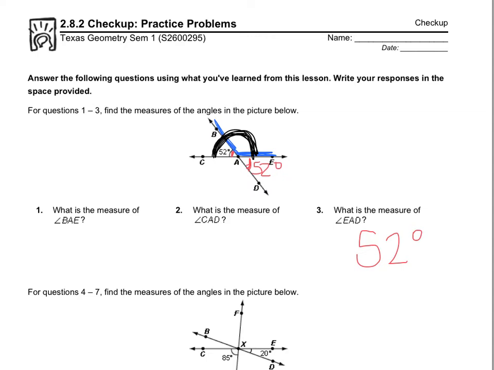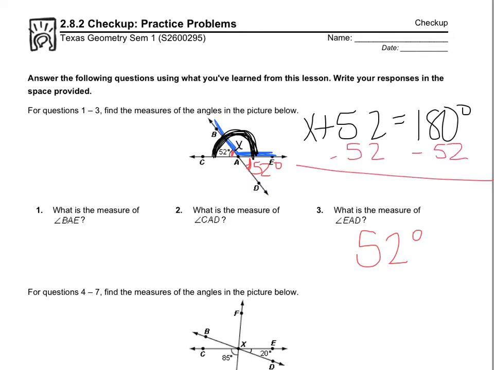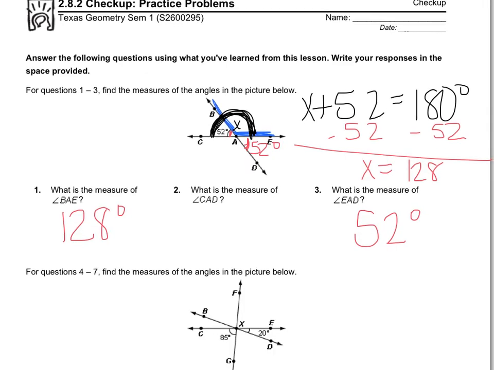So this angle that I'm missing, I'm going to call it X, plus the angle that I have, 52, has to add up to 180 degrees. So I can subtract 52 from both sides, and I get that X equals 128. So angle BAE would be 128 degrees.